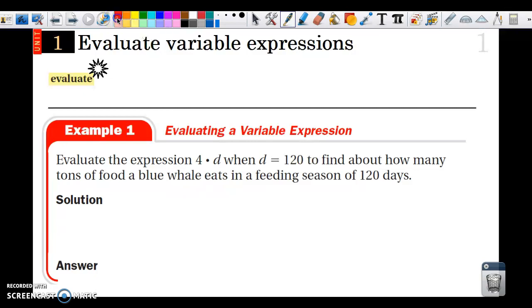And here's what I was talking about in the last slide. If I want to evaluate a variable expression, to evaluate is to use a number to substitute for a variable.